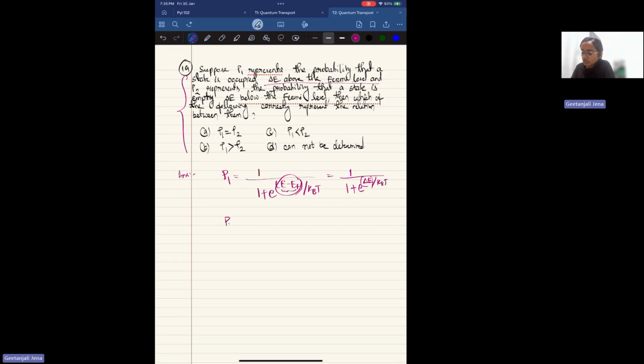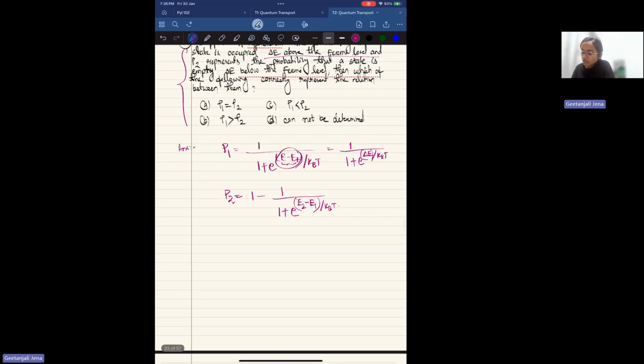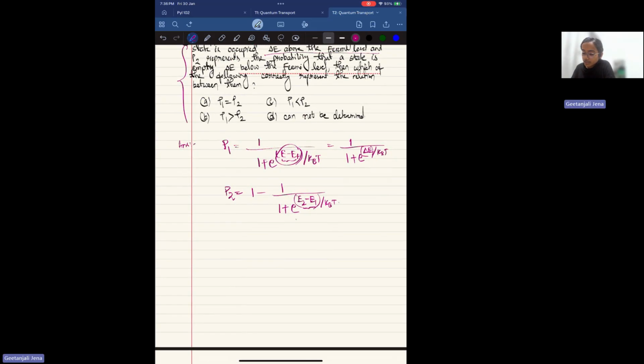And P2 is the probability that a state is empty delta E below the Fermi level. So the probability of an empty state is 1 minus the probability of occupying that state. So it will be 1 minus 1 by 1 plus e to power E2 minus EF by kBT. Let's first simplify it further.